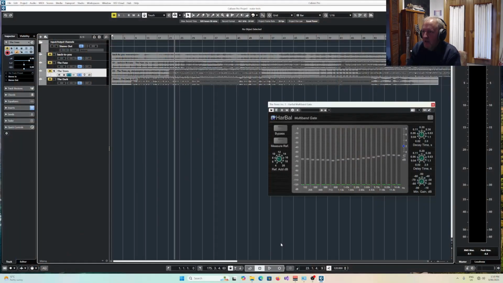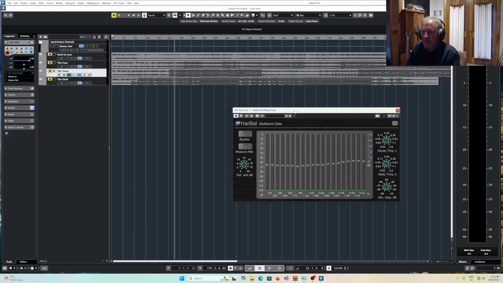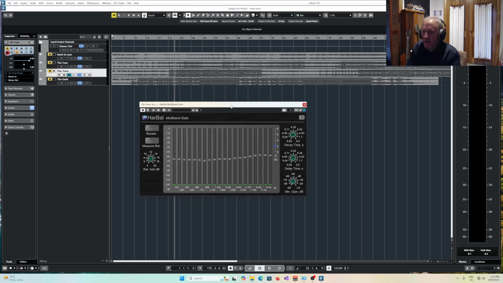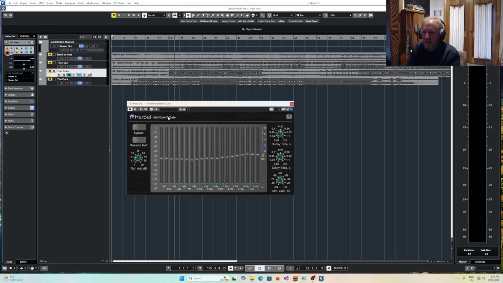So I shall attempt to illustrate each of those in turn. Starting first with, okay, I don't know, maybe given that this is already in front of me, this multiband gate which is sitting on the trees track, I shall start with that.